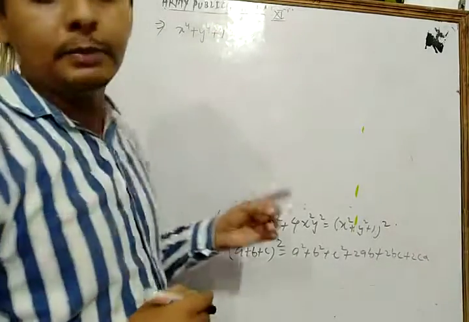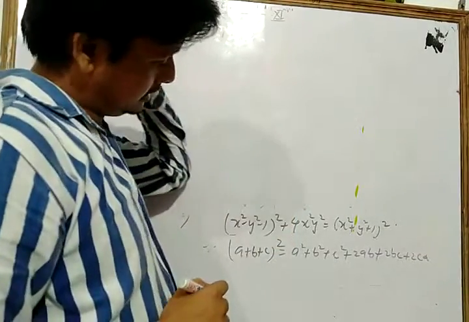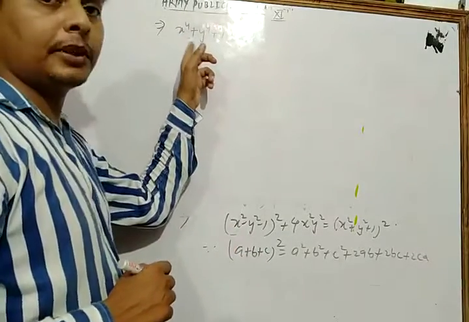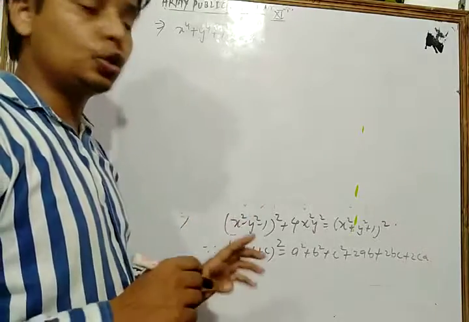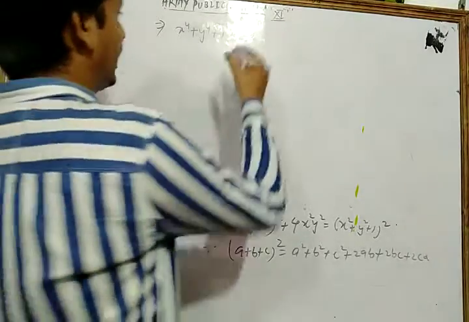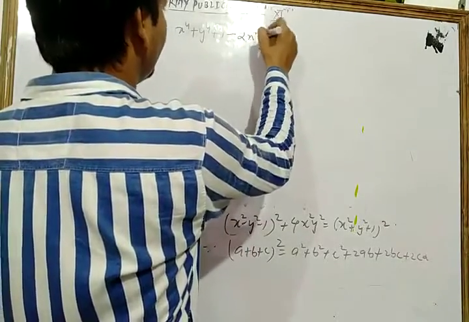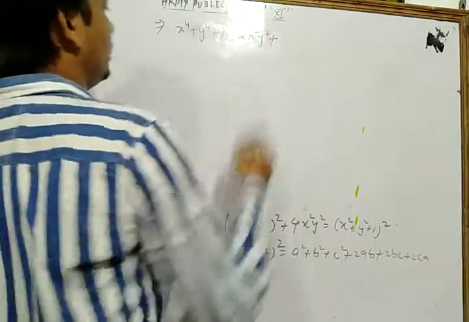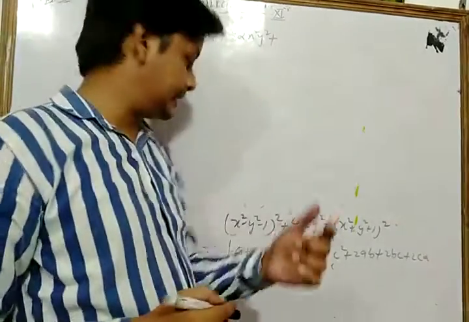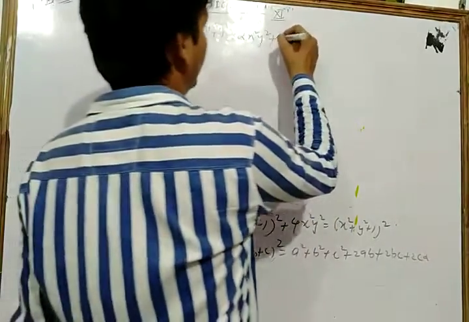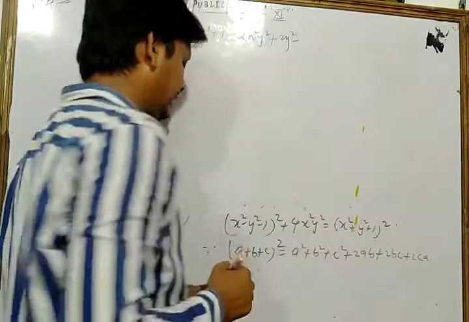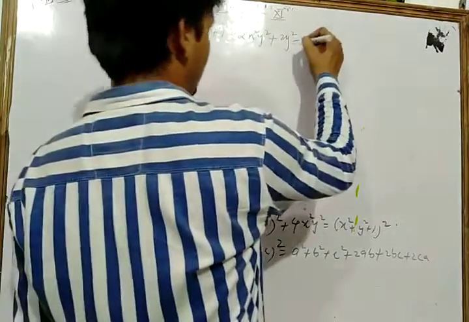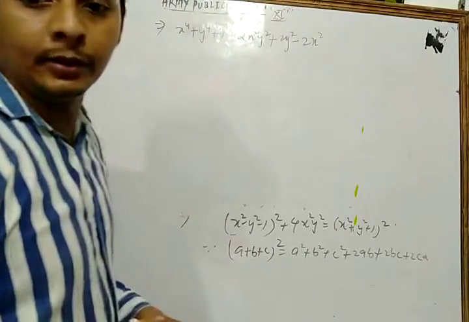Now 2ab plus 2bc plus 2ca: 2ab is minus 2x square y square, 2bc is plus 2y square, and 2ca is minus 2x square.